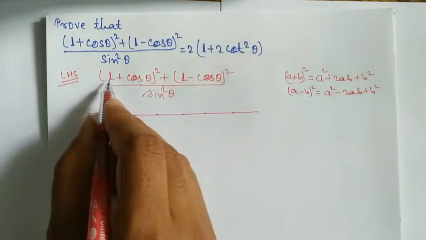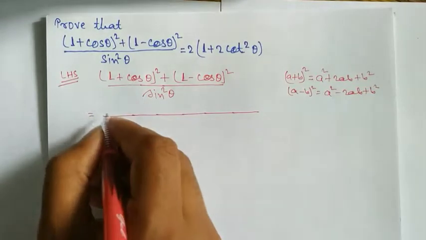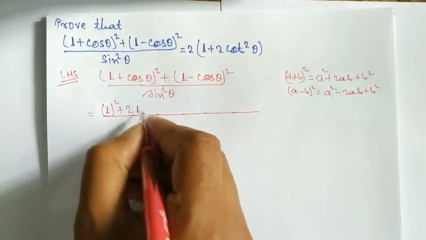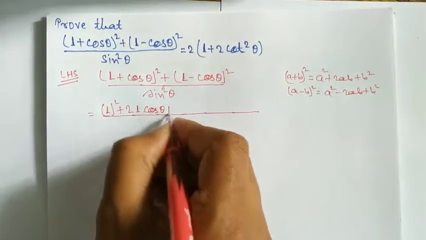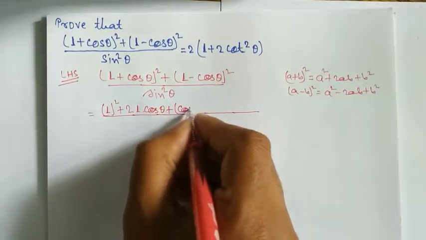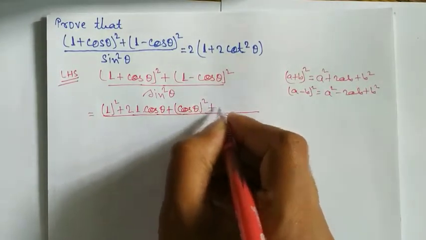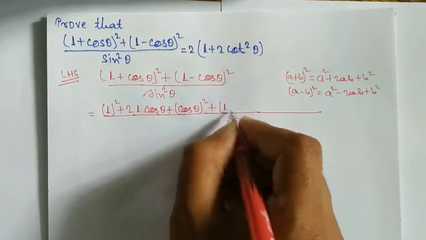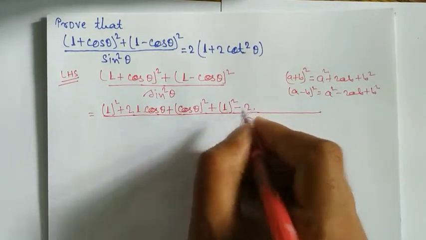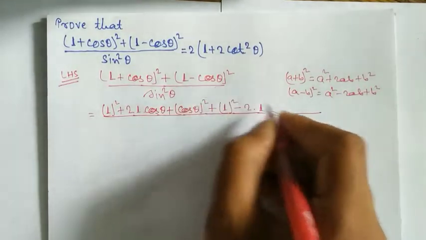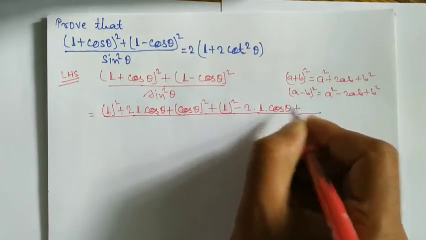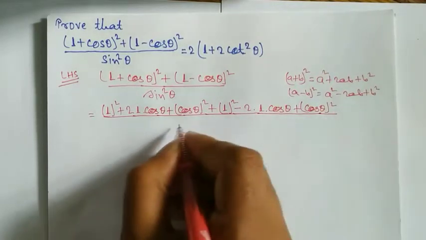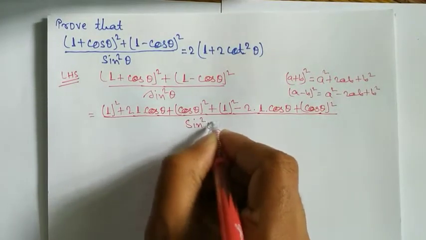In the place of a, what is here? 1. In the place of b, cos theta. So we can write 1 whole square plus 2ab, b means cos theta, plus b square, b square means cos theta whole square. Plus same here, a minus b whole square: a means 1 whole square minus 2, a means 1, b means cos theta, plus b square, means cos theta whole square, by sin square theta.